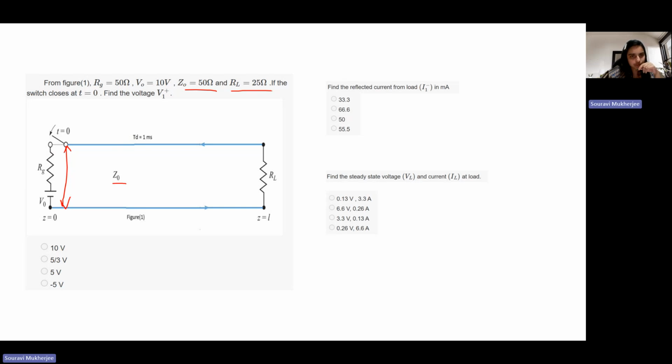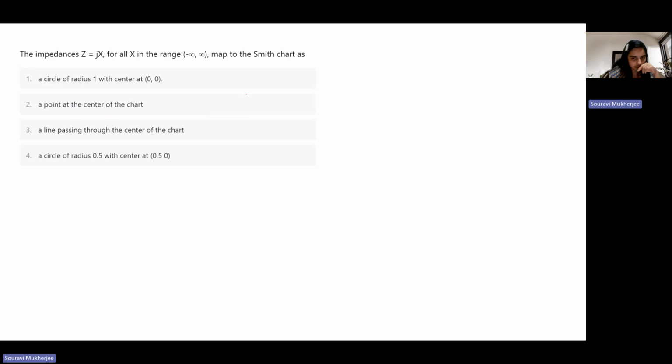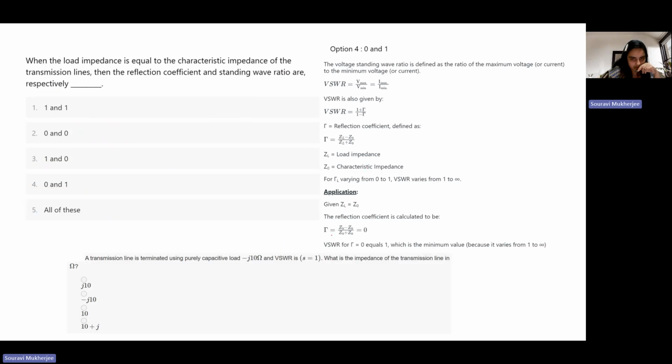What percentage of the voltage will get reflected comes from the reflection coefficient. If we know Z naught and RL, we can find the reflection coefficient by using this relation.